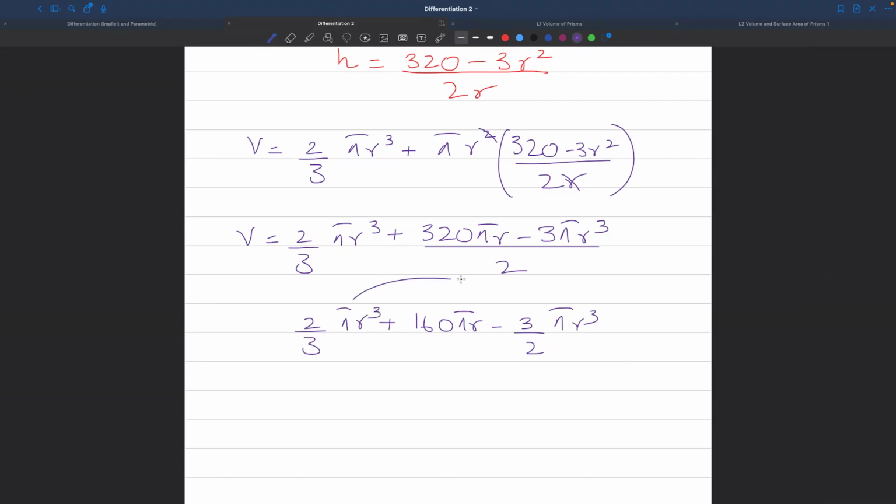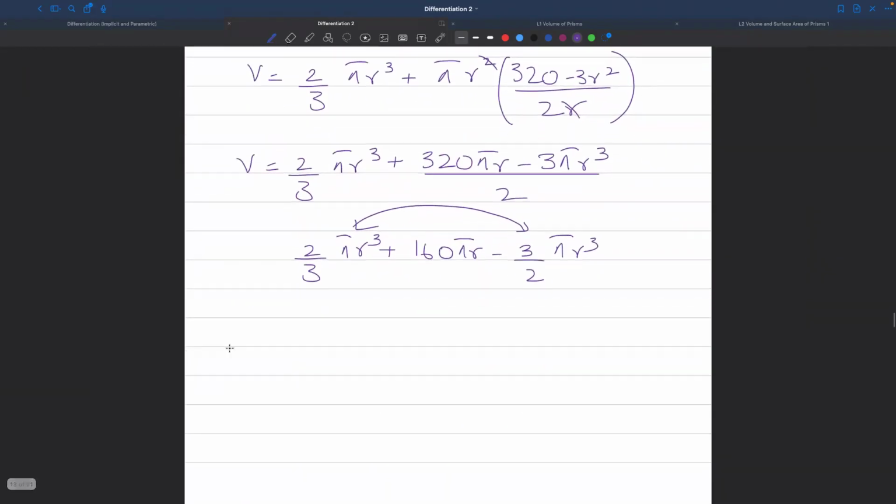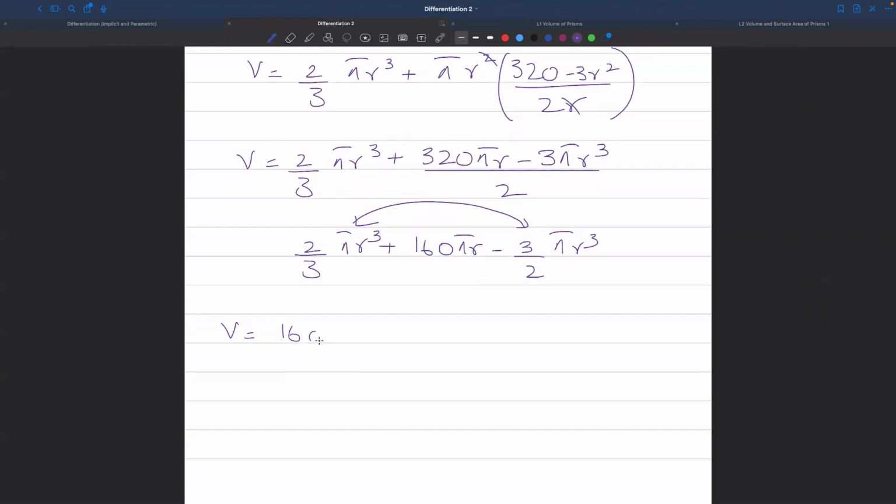I think I can simplify these two as well, right? 2 upon 3 minus 3 upon 2 is how much? 4 minus 9 is minus 5. 5 upon 6 here? Yeah, 5 upon 6, that's it. 160 pi r minus 5 upon 6 pi r cube. 2 upon 3 minus 3 upon 2. If you put it in the calculator, you will get minus 5 upon 6. So minus 5 upon 6 pi r cube.